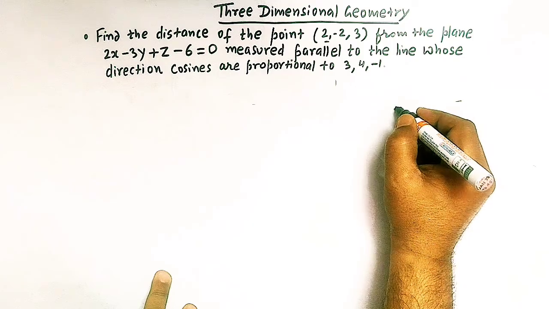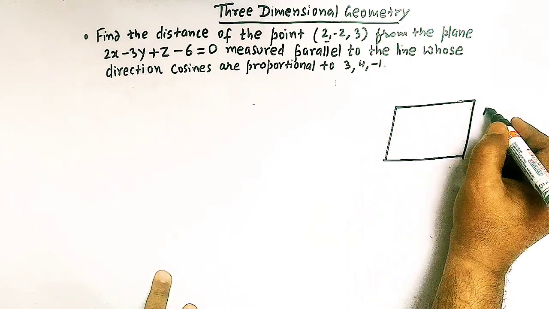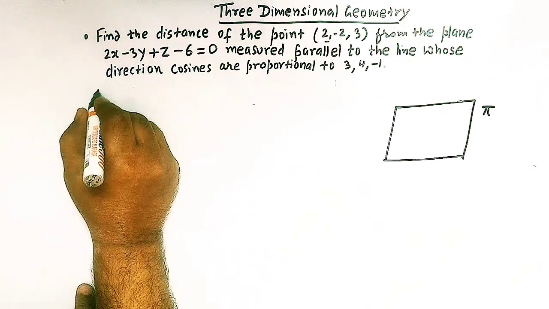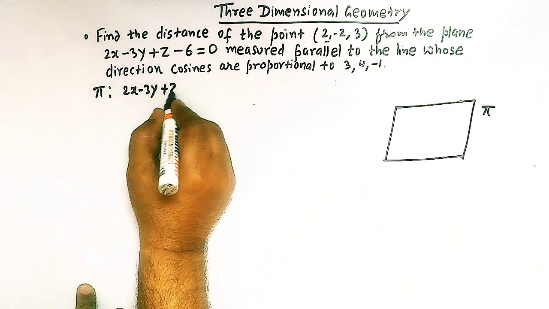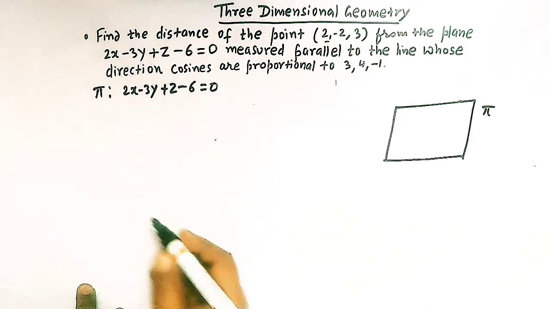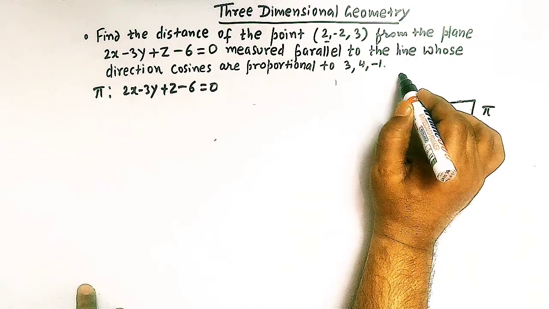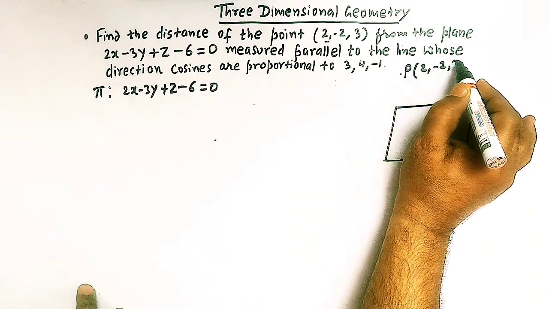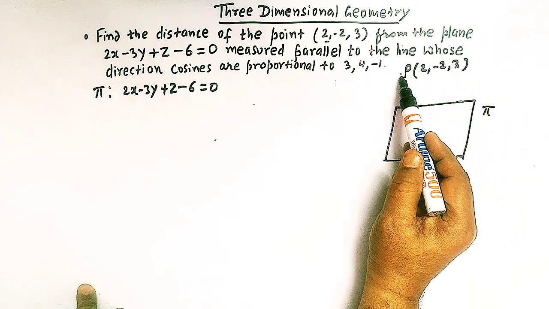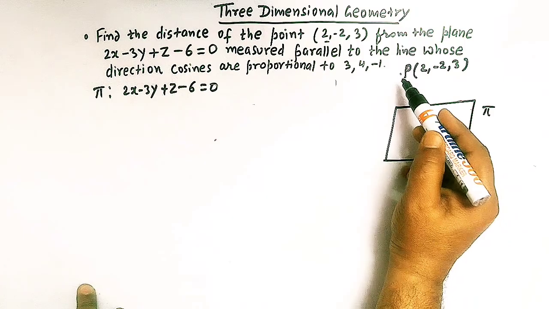Now here we are given a plane, say pi, and the equation of the plane is 2x - 3y + z - 6 = 0, and we have to find the distance of this point, say point P (2, -2, 3), from this plane pi.